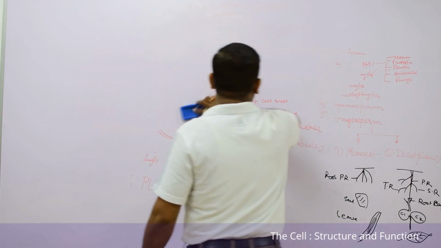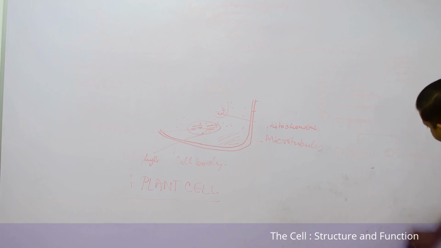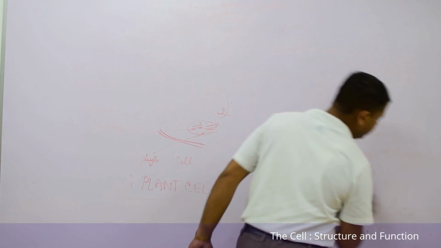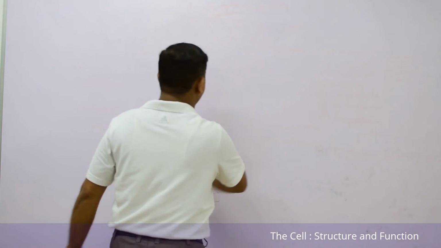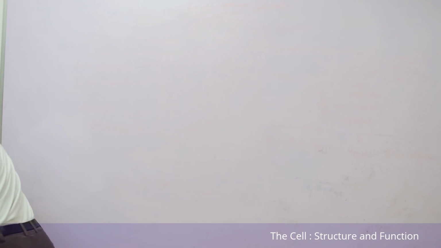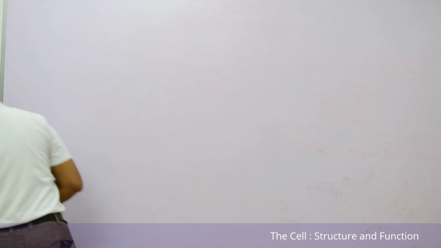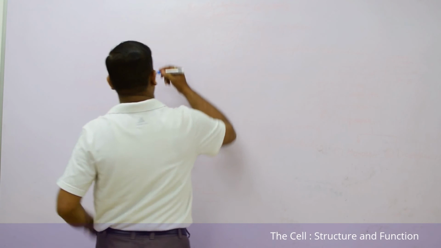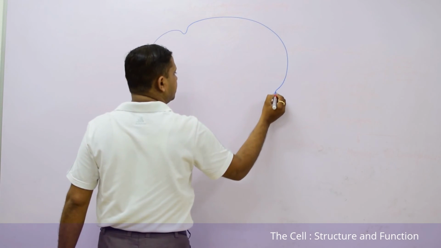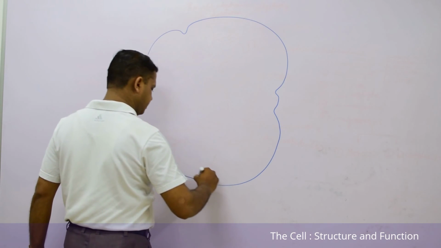In the case of animal cell, we will see the cell, their structure, their organelles. The diagram is as follows. When we see the animal cell, it is like this. This is an animal cell.